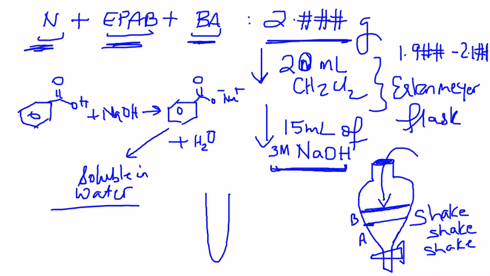Alternatively, you can take 2 test tubes and fill both of those with water. Take 2 drops from the lower layer and put it in the water. Take 2 drops from the top layer, put that in water.